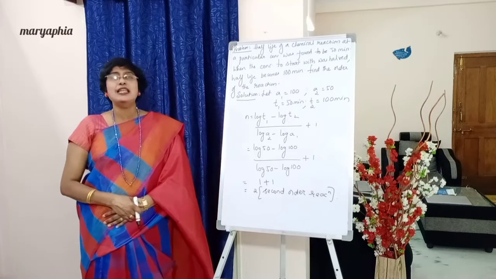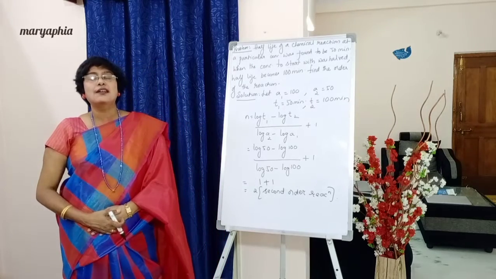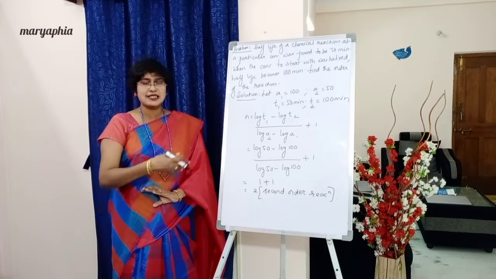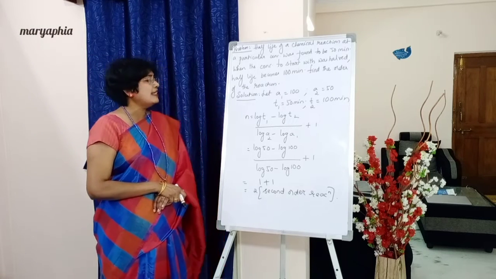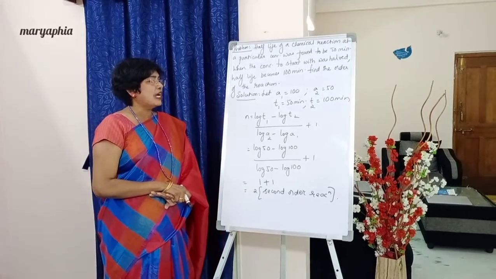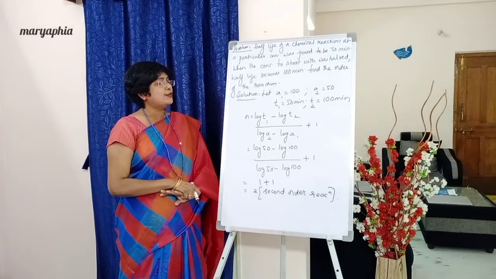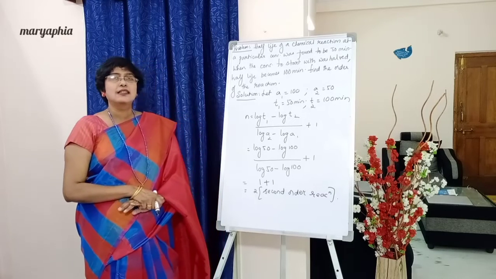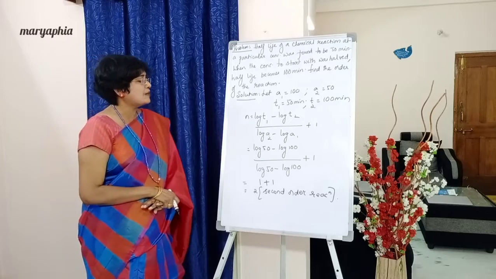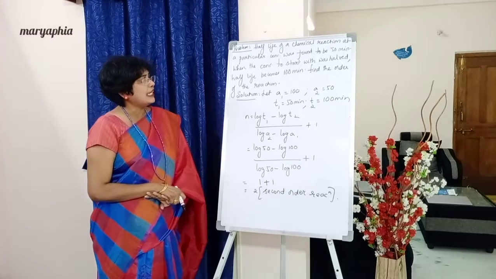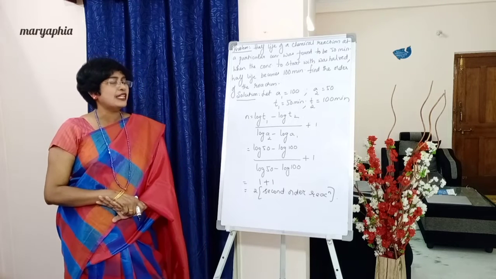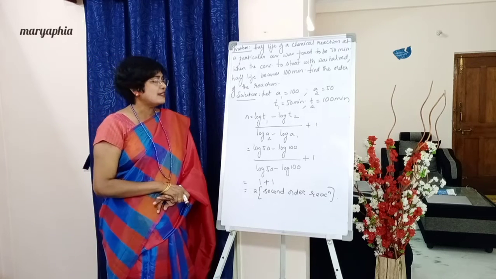Next, below write down the formula to determine the order of a reaction from the half-life method. Just now we have derived it. Write down n is equal to log T1 minus log T2 by log A2 minus log A1 plus 1. Okay. Now substitute the values. Log 50 minus log 100 by log 50 minus log 100, plus 1.